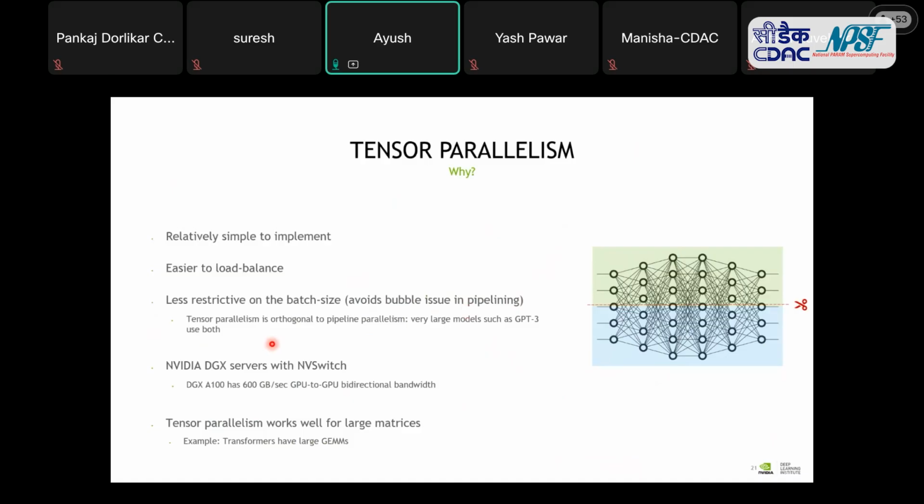So we do not want them to travel across nodes, and that's why we keep it within a node. NVIDIA DGX servers with NVSwitch have 600 gigabytes per second GPU to GPU bidirectional bandwidth, which is particularly suitable for tensor parallelism operations. For H100, it's 900 gigabytes per second, and for B200s, it is 1.8 terabytes per second GPU to GPU bidirectional bandwidth.